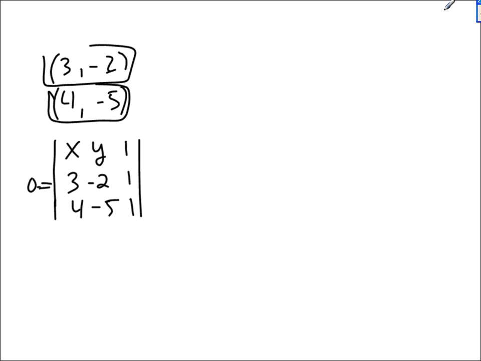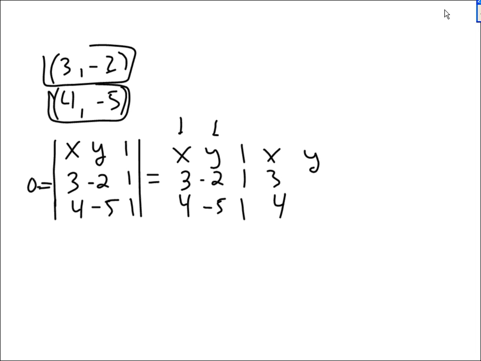You want to use the spaghetti method? Fine. It's x, y, 1; 3, -2, 1; 4, -5, 1. Repeat the first column. Repeat the second column. Tic-tac-toe, or spaghetti, excuse me.